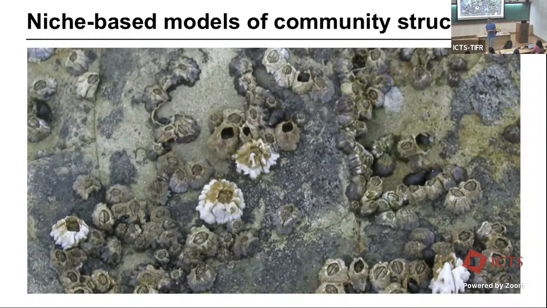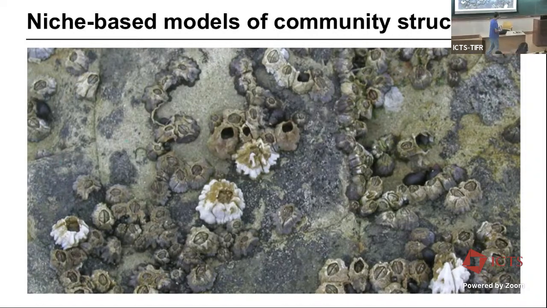And you can ask, why is it that species 2 is 10 times as abundant as species 6? Why does species 2 have a population size that is 10 times as high as species 6? That's asking questions about community structure.